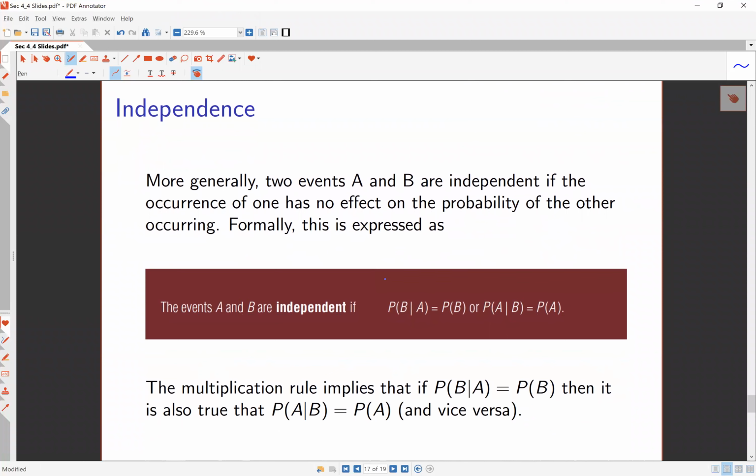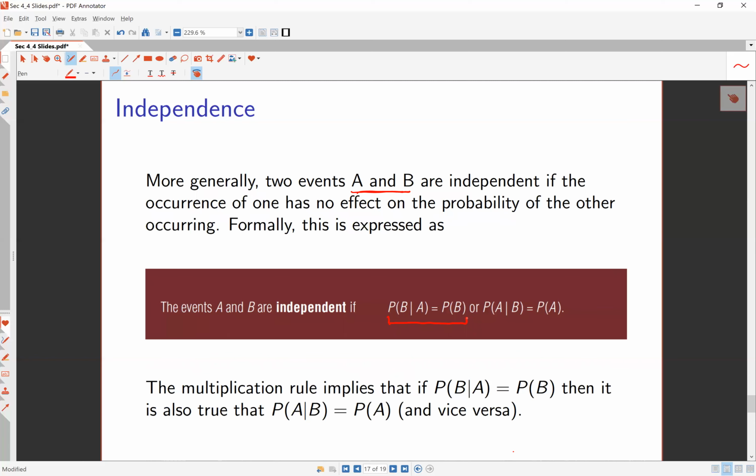We can formalize this a little bit. If we have 2 events, A and B, and they are independent of one another, then mathematically, that means conditioning has no effect. So if I'm calculating the probability of B and I'm conditioning on A, that conditioning is irrelevant.